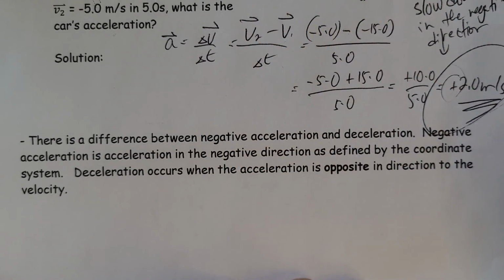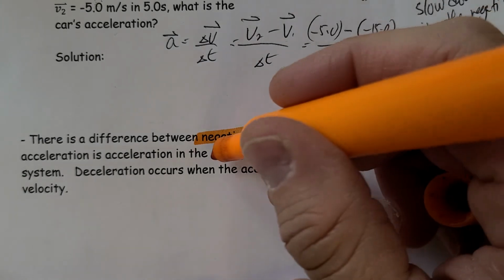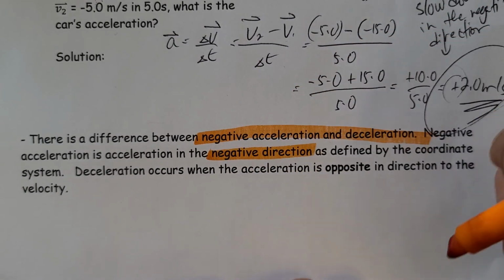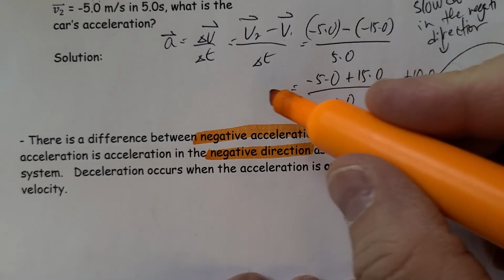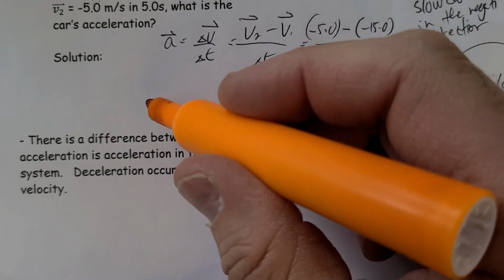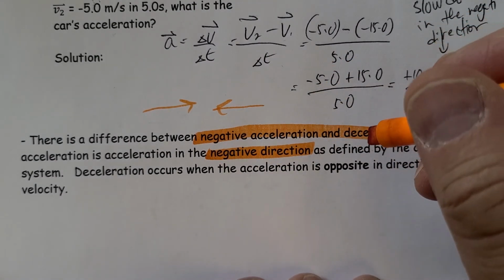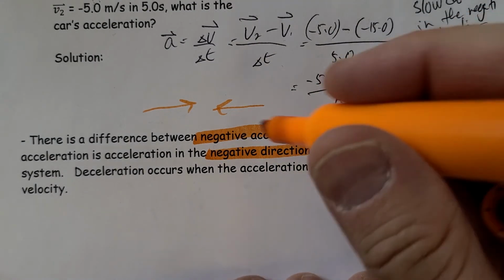So there's a difference between negative acceleration and deceleration. Negative acceleration is acceleration in the negative direction, defined by a coordinate system. If I was already moving in the negative, I'm going to be increasing my speed. But if I was originally going in the positive direction and I experience negative acceleration, then I'm going to be slowing down.